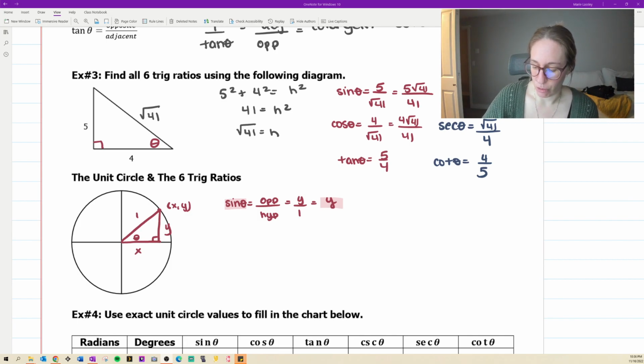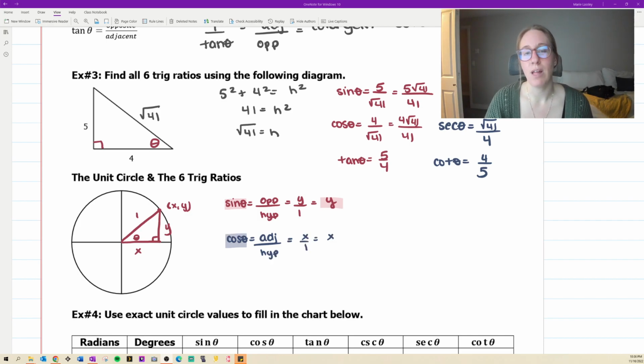The same thing is true with cosine. Cosine is adjacent over hypotenuse, so x over 1, which is just x. So in our unit circle, our cosine value for any angle is just the x coordinate.